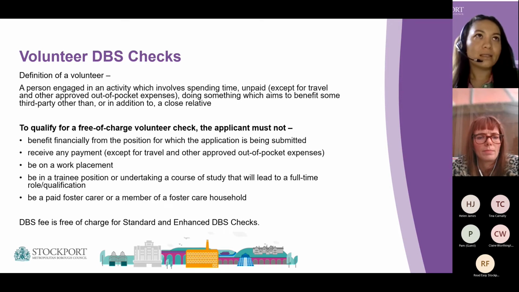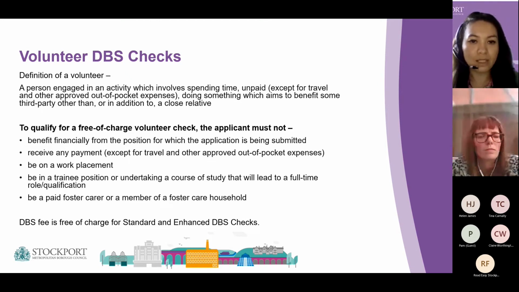So DBS define a volunteer as a person engaged in an activity which involves spending time unpaid except for travel and other approved out-of-pocket expenses, doing something which aims to benefit some third party other than or in addition to a close relative. So they can't benefit from the volunteer work. If they do, say for example they're paid or they're getting some sort of qualification out of it, then it's not classed as a volunteer DBS check.